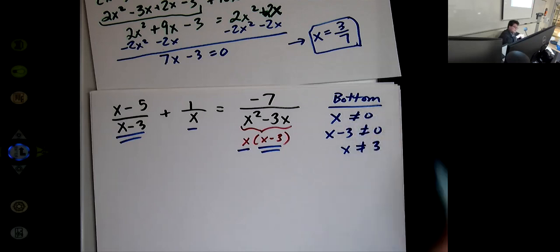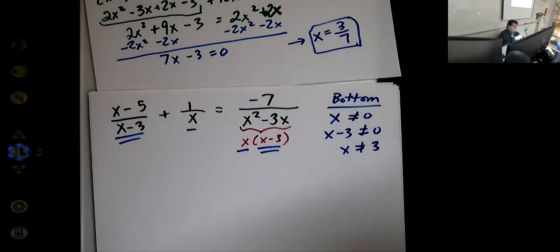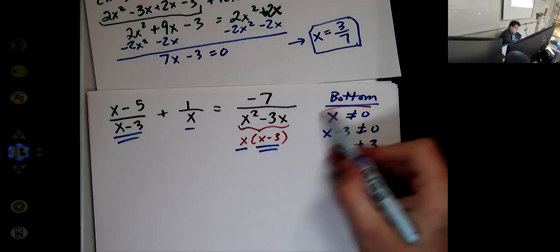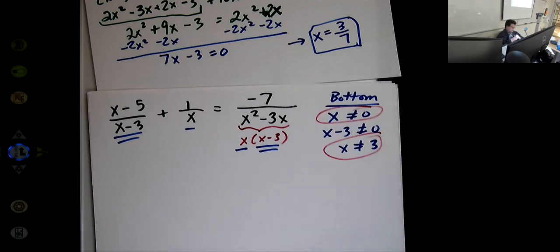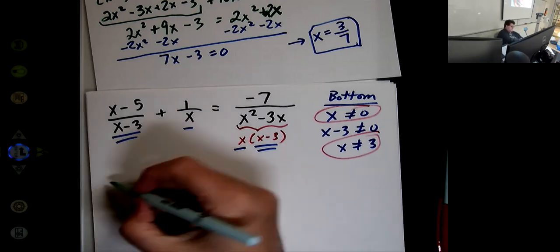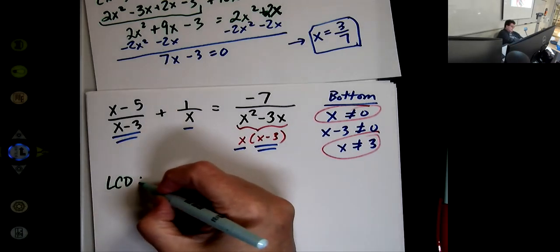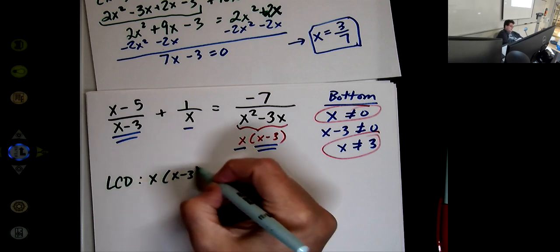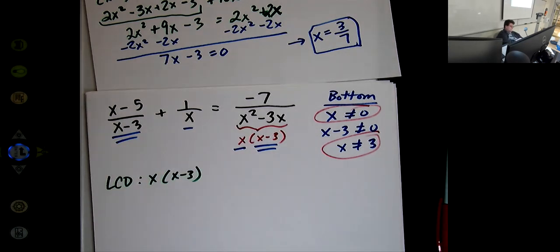So we want to pay attention to this and this on the solutions. As it is now, it looks like the lowest common denominator is x times x minus 3. So that's what I'm going to multiply it by.